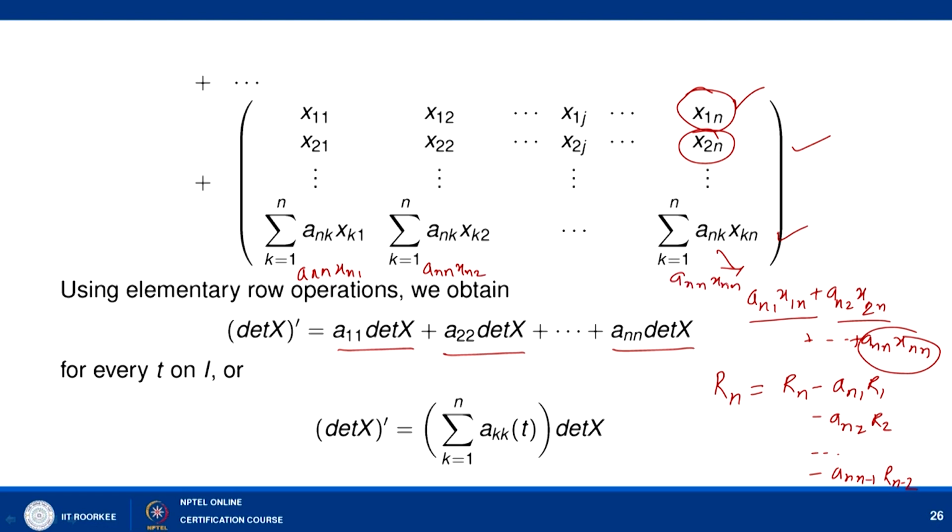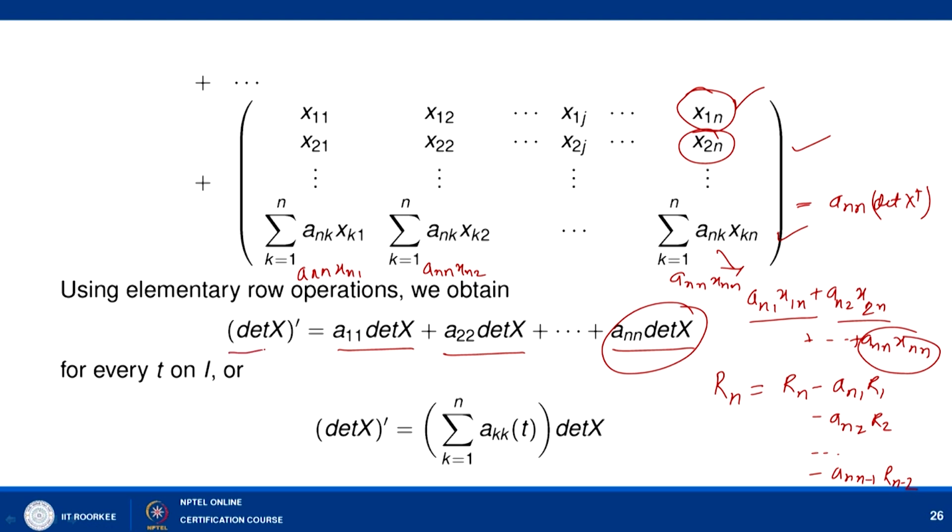So, now if you take ann common from the last row, then it is nothing but ann and the remaining is the determinant of x transpose, right, and that is what I have written here. And since the determinant of x transpose is the same as the determinant of x, we have written this as ann determinant of x.